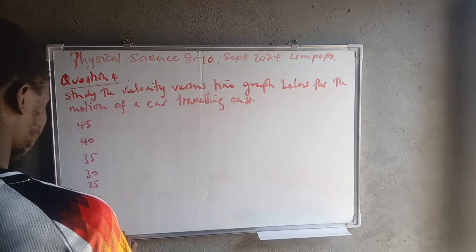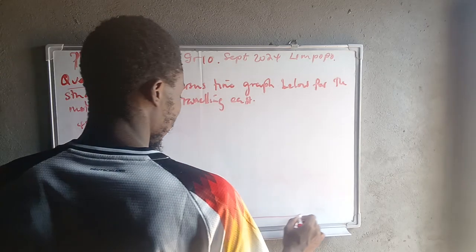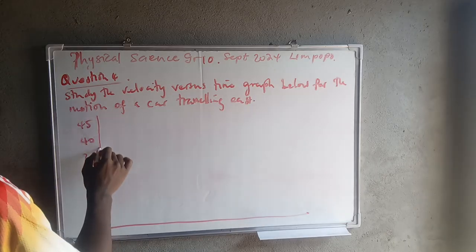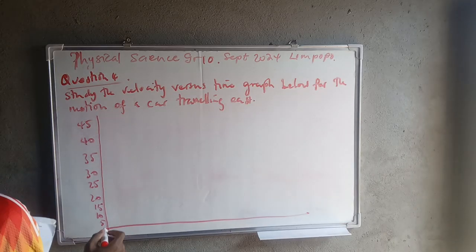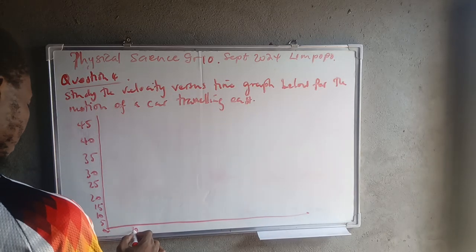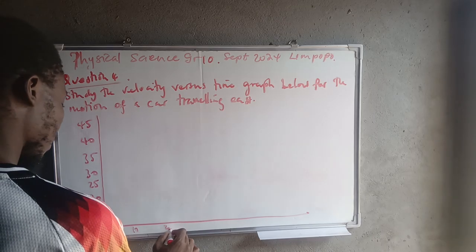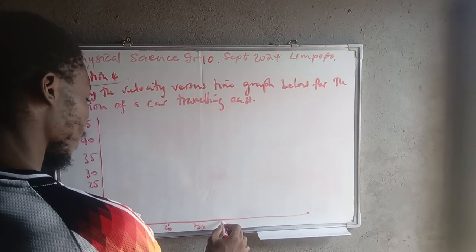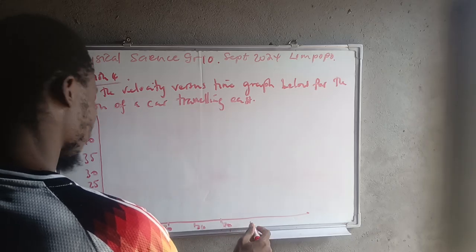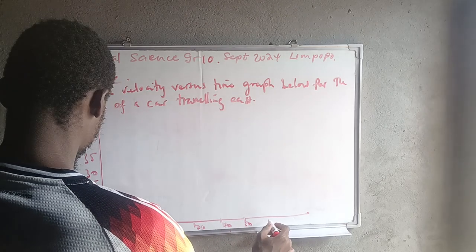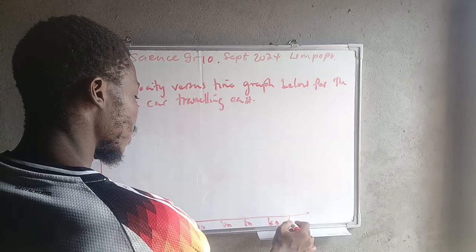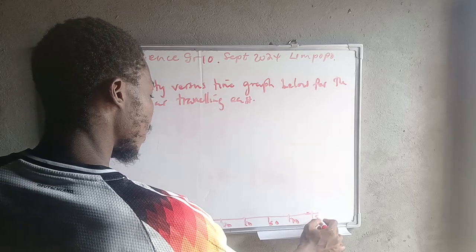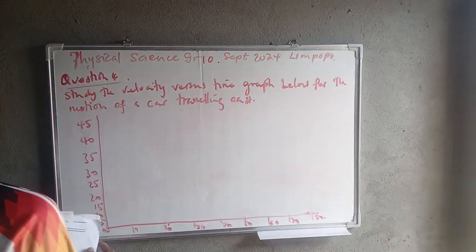So this is the velocity. Then here we have 10, 20, 30, 40, 50, 60, 70, and 80.